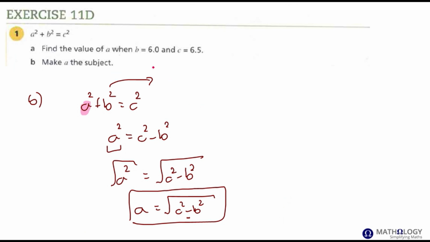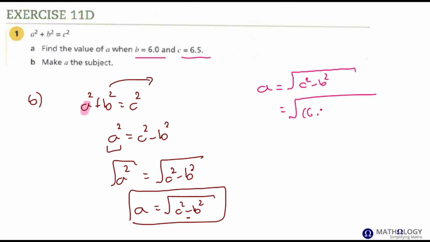Now to evaluate a when b is 6 and c is 6.5, we're now just going to substitute these values into the expression we've just determined. So we have the square root of c is 6.5, so we have 6.5 squared, minus b is 6.0 squared.